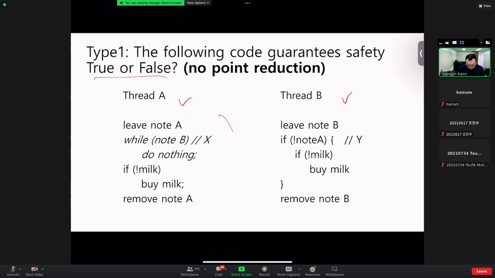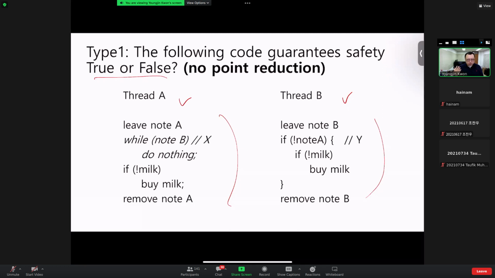Looking at this code and comparing it, this code doesn't have a liveness guarantee or safety guarantee, true or false. Or if you change some operation, what happens? So this is about understanding the bugs of an existing implementation. That's the second type.